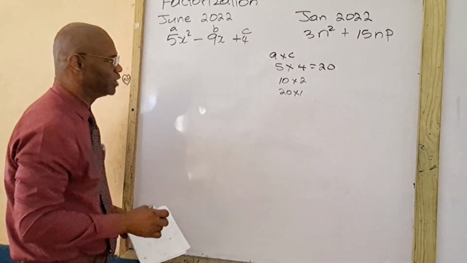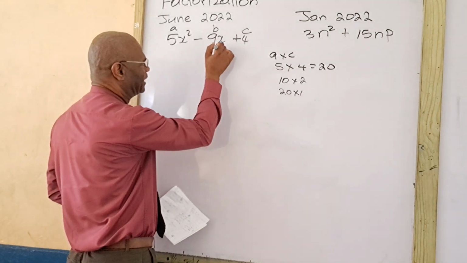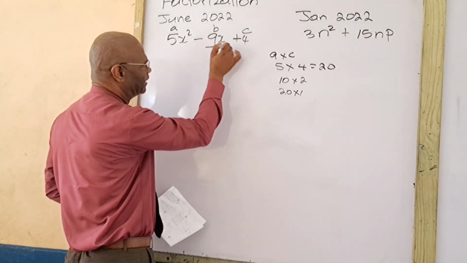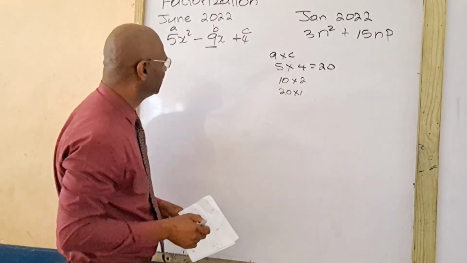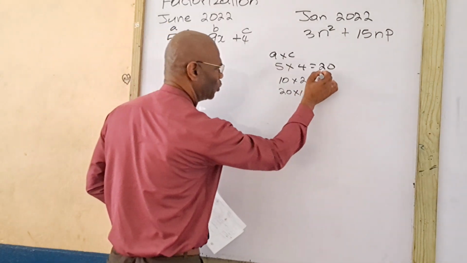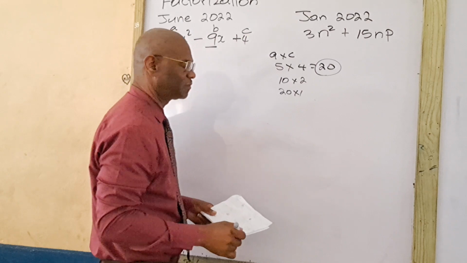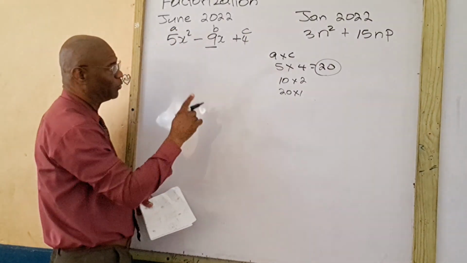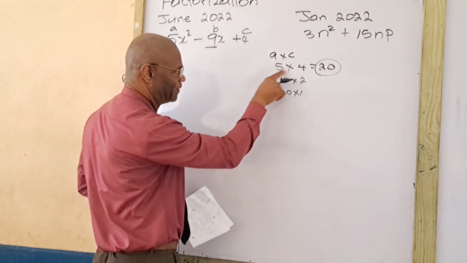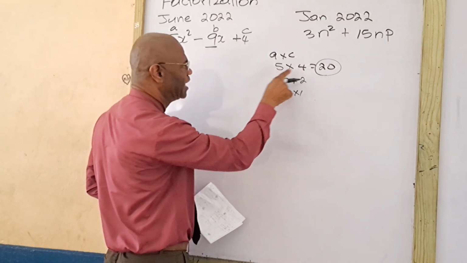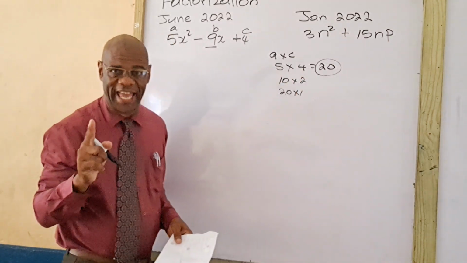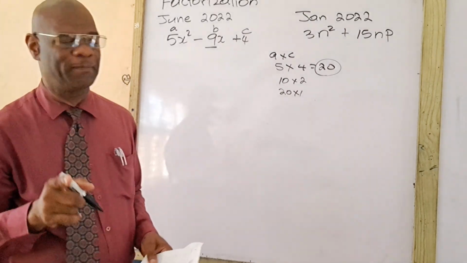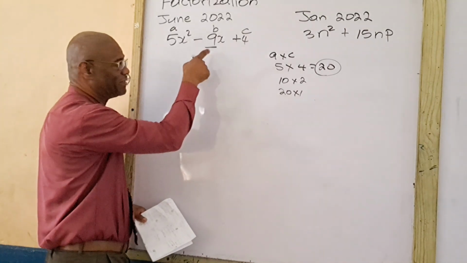Now notice we need a negative 9 and a positive 20. Alright? Now, if we take 5, we know 5 times 4 is 20. 5 plus 4 is also 9. Right? 5 plus 4 is 9, but what we need is negative 9.